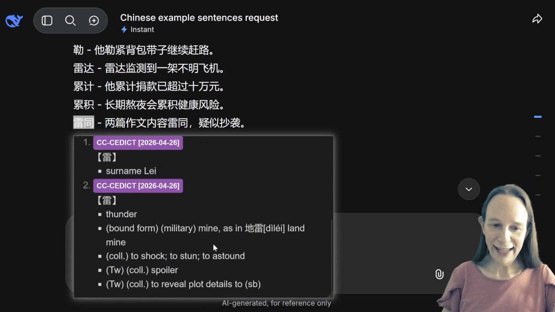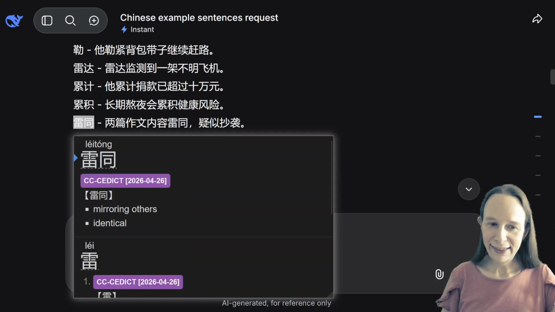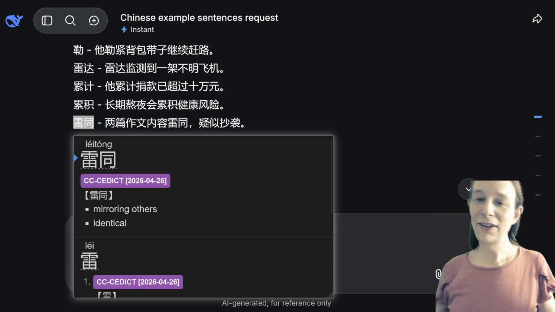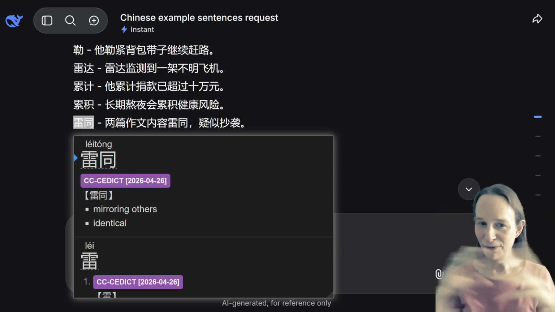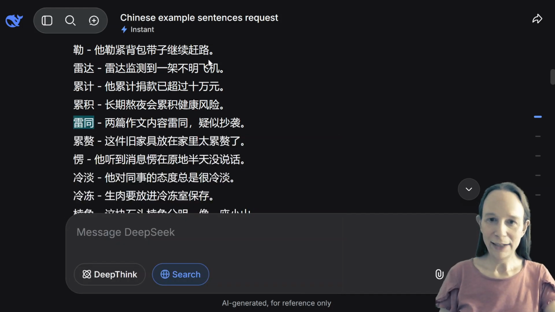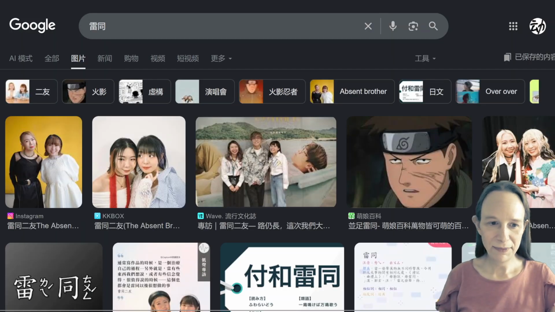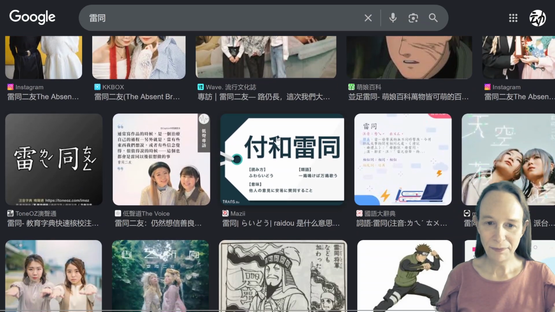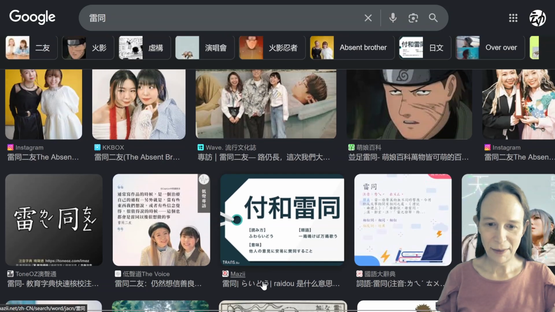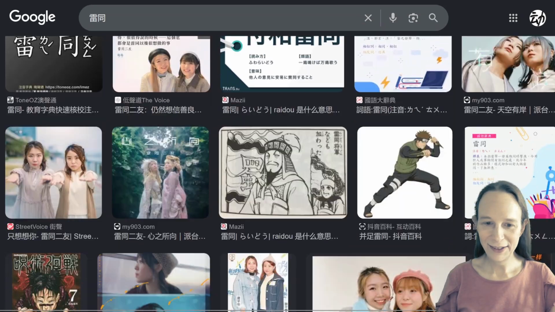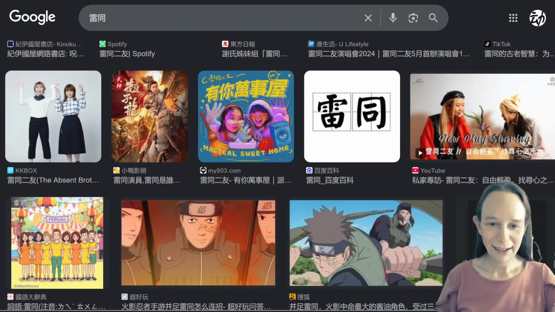So what is the 雷 here? I'm not sure why there's 雷 in there. So 雷同 implies it's identical to the point where you suspect someone of plagiarism. What's this 符合雷同? Oh, is that Japanese? I don't know. Let's not go down a Japanese rabbit hole.